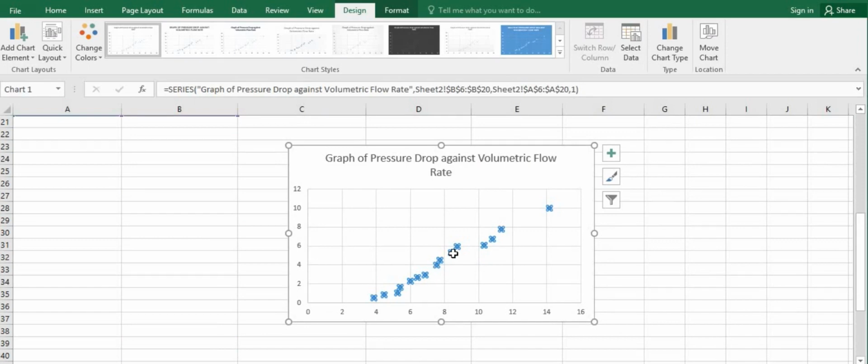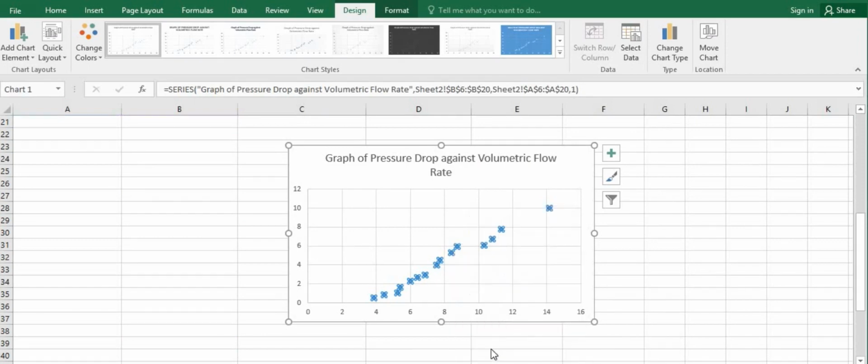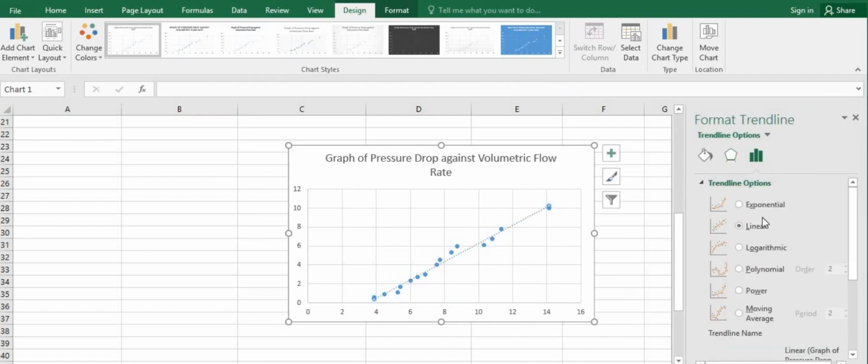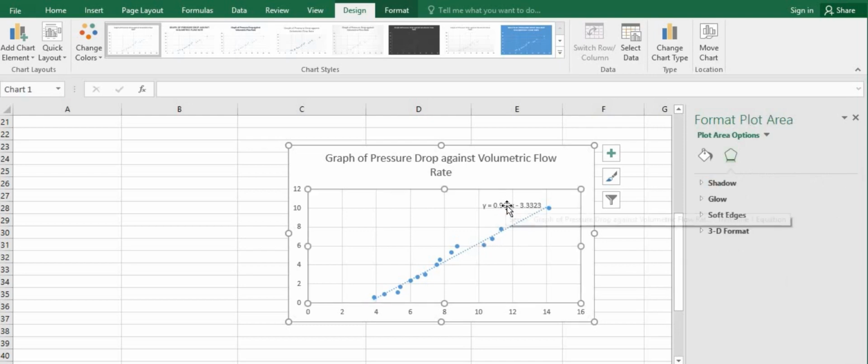Then we can add a trend line by right clicking and clicking on add trend line. Some options come out and you click on linear and then go down and click on display equation on chart. So this is our line and this is our equation.